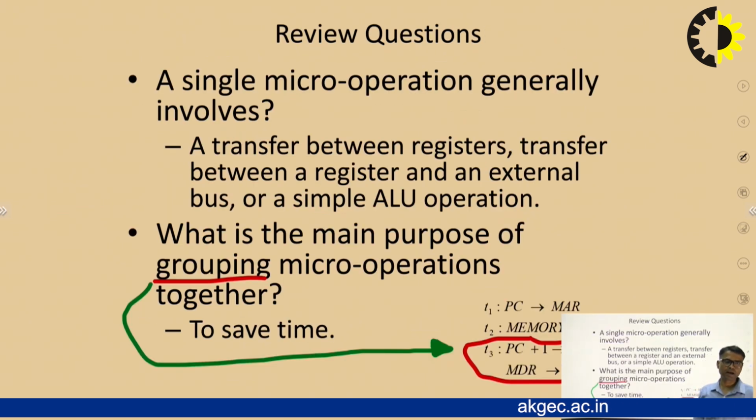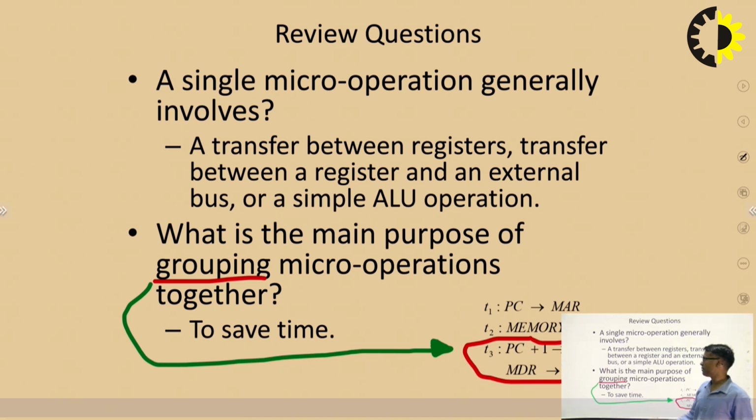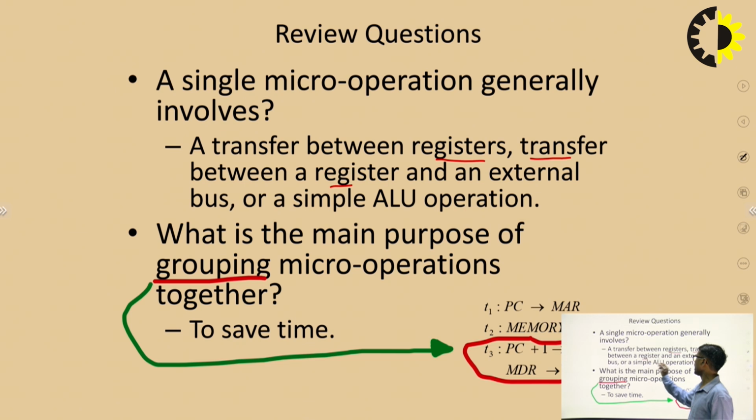So dear students, we can have some interesting questions from this topic, like: a single micro-operation generally involves, as we discussed at the start of the lecture, a transfer between registers, a transfer between register and external device, or an ALU operation. 3 types of operations are there.